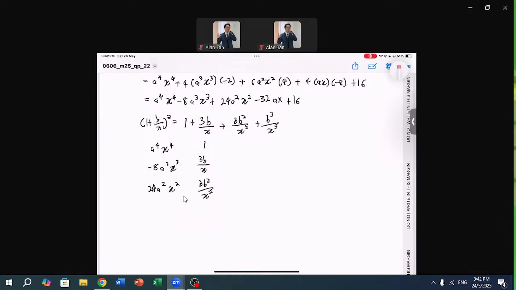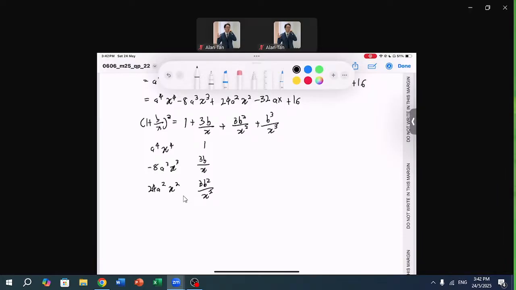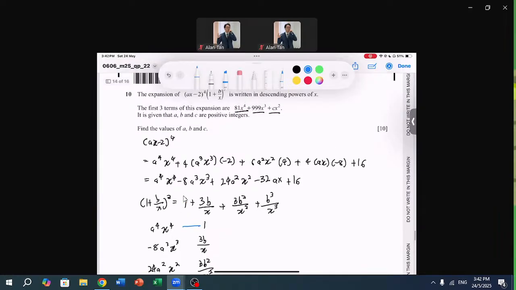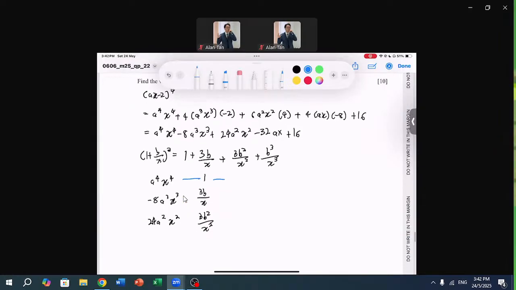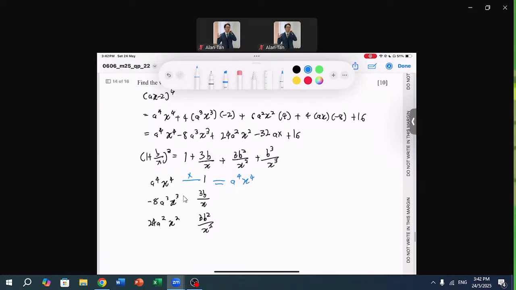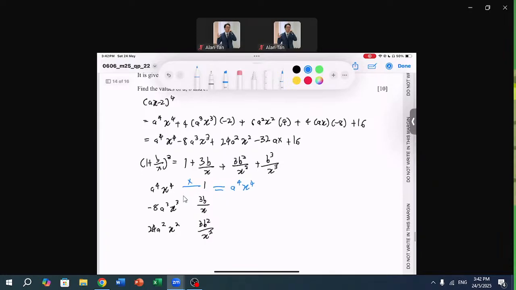Now, how does this connect? If we take the blue lines to indicate for the x power 4, there's only one, which is a power 4 x power 4 times 1. However, x cubed is interesting because we have a power 4 times 3b, which equals 3b times a power of 4.